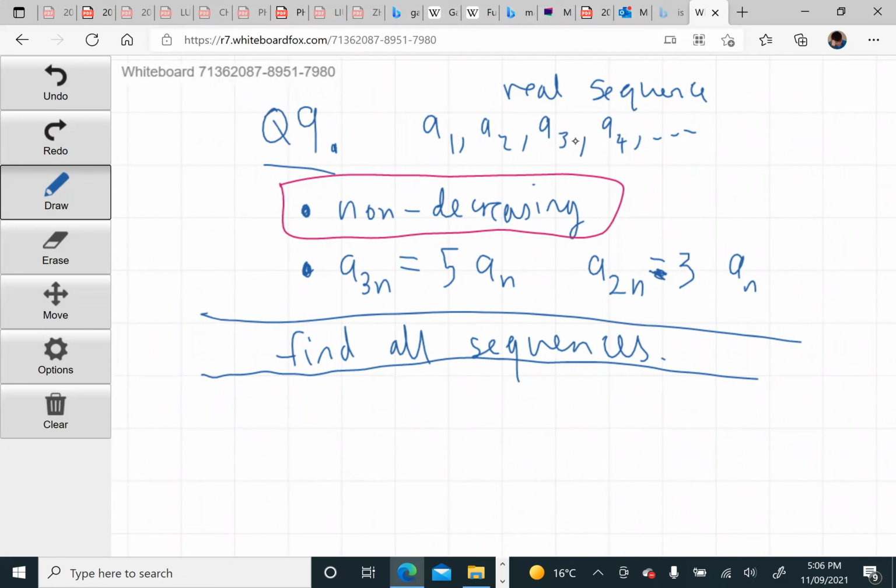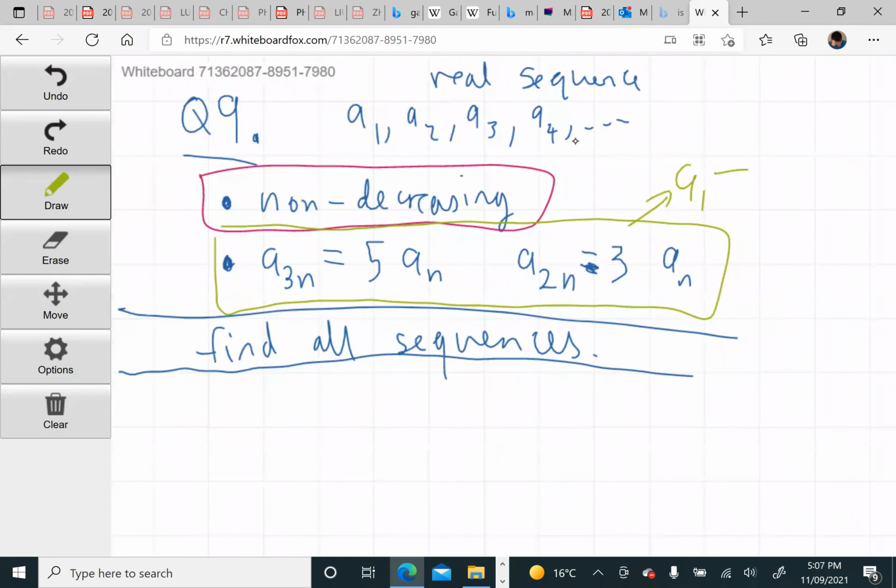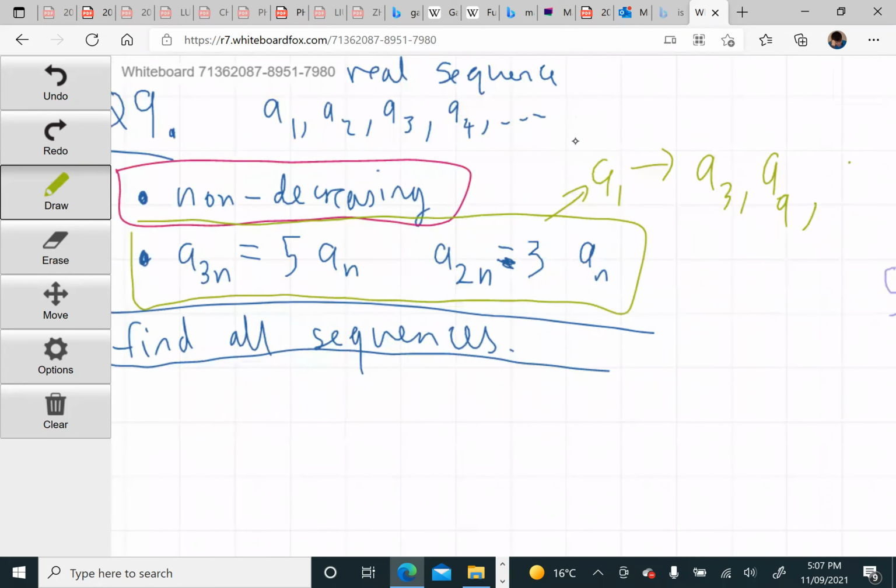So what this condition tells you is that once you know A1, it determines A3 and A9. These are all determined.